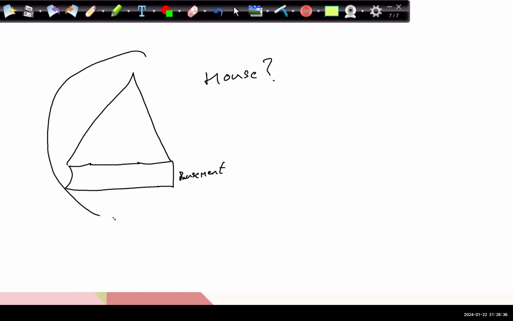This complete basement and the upper part together, we call it a house. In the same way, any operating system that we are building needs a foundation, and that foundation is nothing but the kernel.